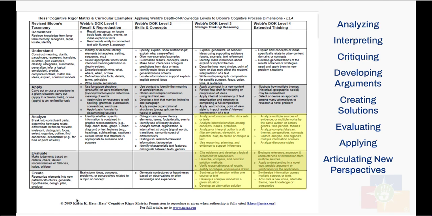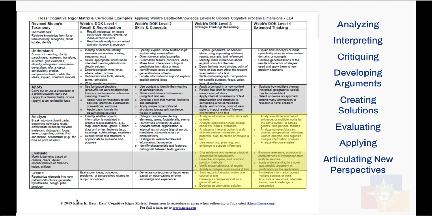This matrix illustrates applying Webb's depth of knowledge levels to Bloom's cognitive process dimensions. Bloom's is on the x-axis and DOK is on the y-axis. Good essential questions allow students to be at the highest level of these and indicate that there will be rigor. Here, as is shown highlighted, students are doing more things than simply identifying, explaining, or describing.